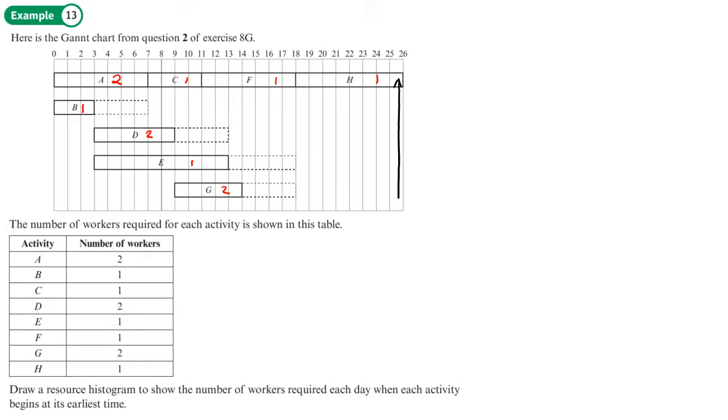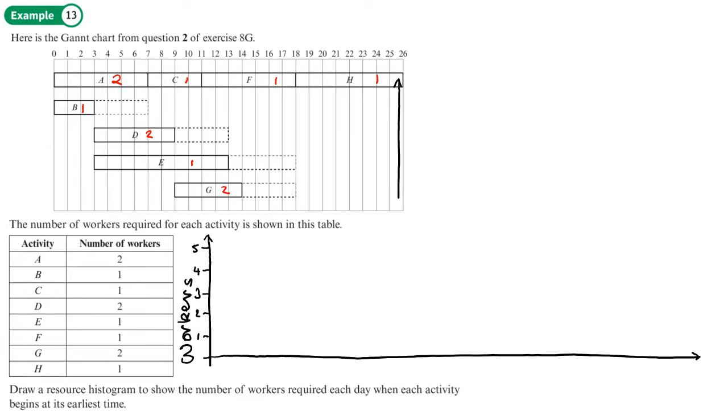So now I'm going to draw my axes. I start by drawing the vertical axis and labeling it as workers. Now I need to know how far to go up. If I go down at any one time, I can see the maximum number of workers. So I can see at this point in time I'm going to need 5 workers.